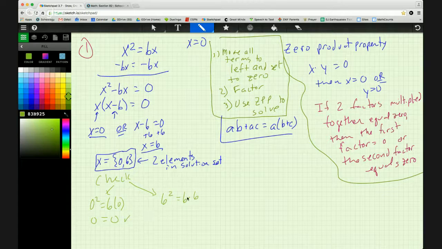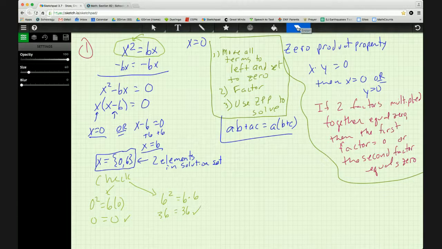Check. And 6 works because 36 equals 36. So we have 2 answers. It's really crazy, but there are 2 things that make it work. It has something to do with this exponent too, and we'll learn why we have 2 answers to this equation by the time we finish this school year.